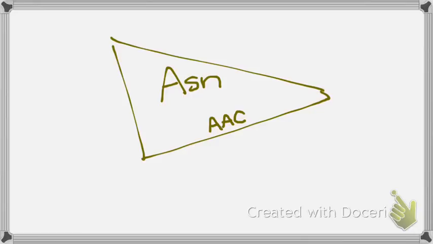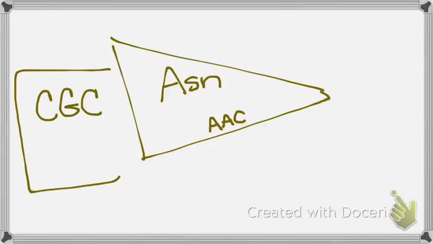If you had, for example, CGC, that is represented by a white square. So if you had that codon, it's arginine, and that's represented by a white square.